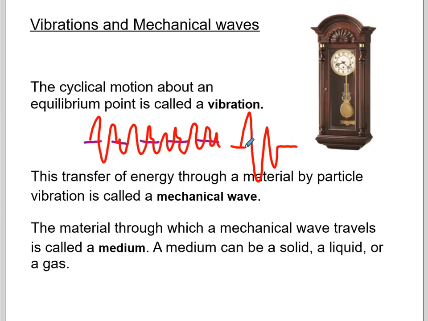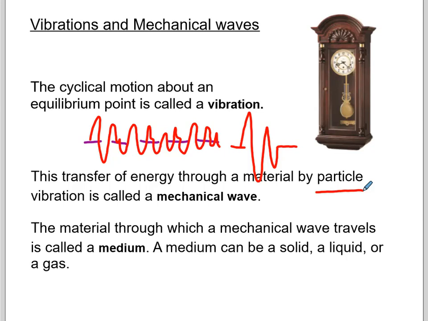We'll talk about waves. They can be really pretty, they can have symmetry and things, they can also be very erratic. Okay, so the transfer of energy through a material by particle vibration is called a mechanical wave. Okay, so here's the key piece. For a mechanical wave, we need to have particles. Okay, so you'll hear about X-rays and the electromagnetic waves and those types of things, but we're going to be dealing with particles.